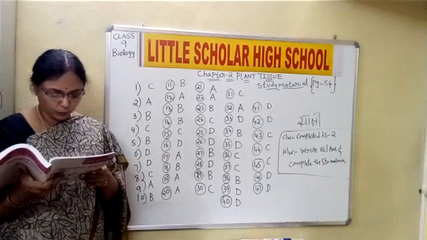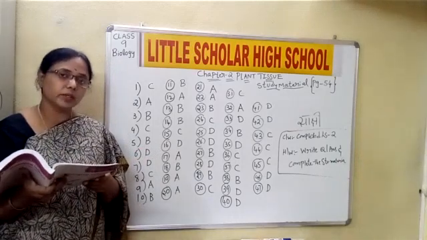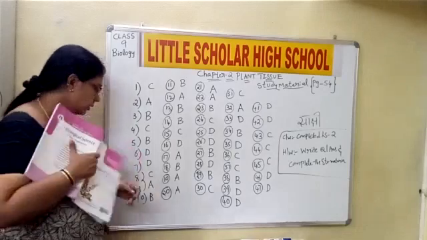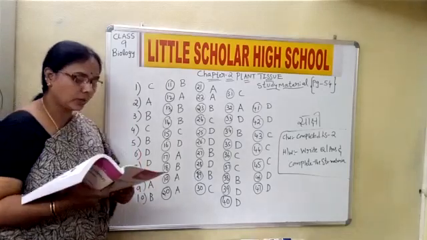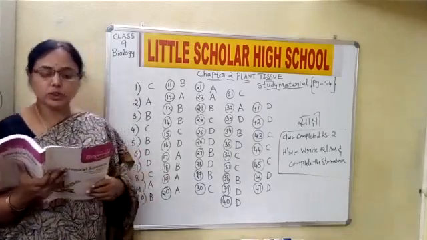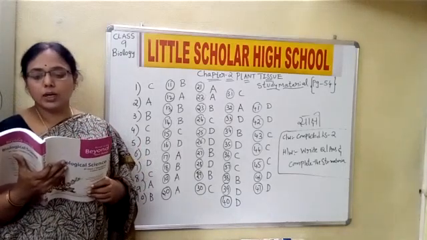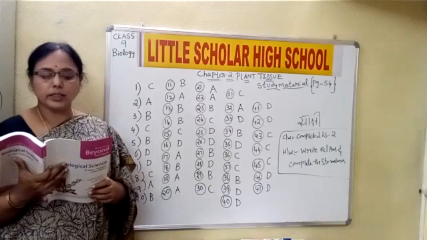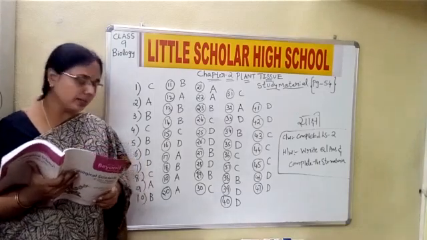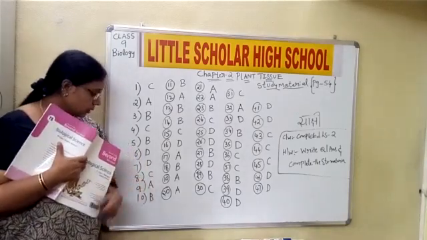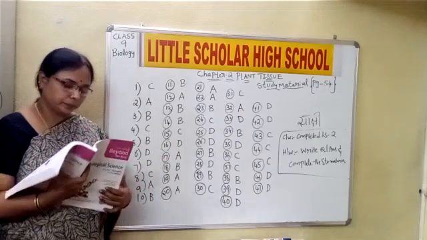It is sieve tubes. Eighth C. Sieve tubes are present in phloem. Ninth one, which tissue is responsible for conduction of water from roots to other parts of the plant body? It is ninth A, xylem.